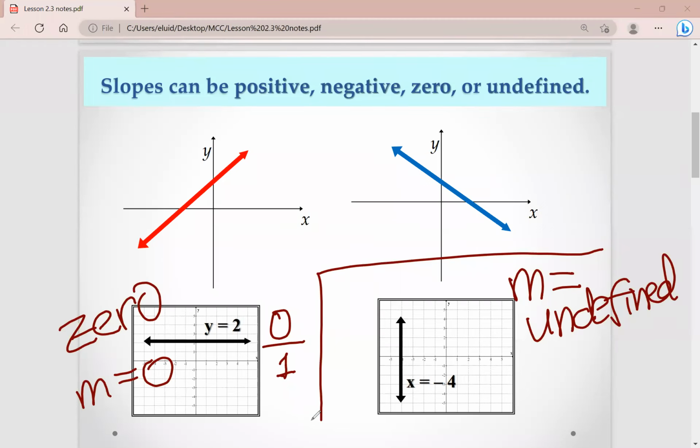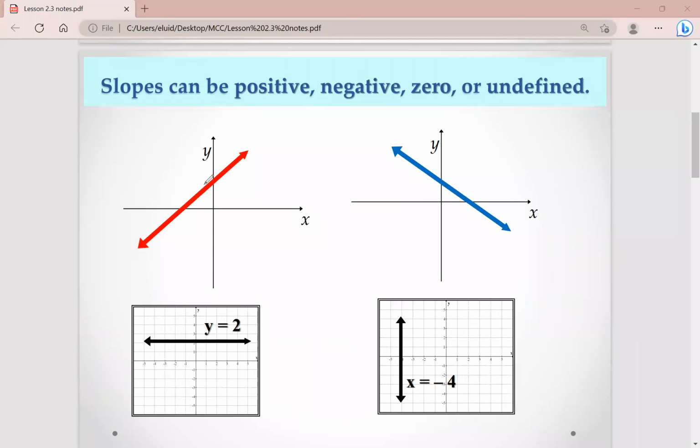So as a fraction, you might see it as 1 over 0 or negative 5 over 0. Anything over 0 we know is undefined. So it has rise, but no run. Okay, so again, our 4 different types of slope: positive going up from left to right, negative going down from left to right, 0 is just going horizontal, side to side, and then undefined would be when it's going straight up and down as a vertical line.